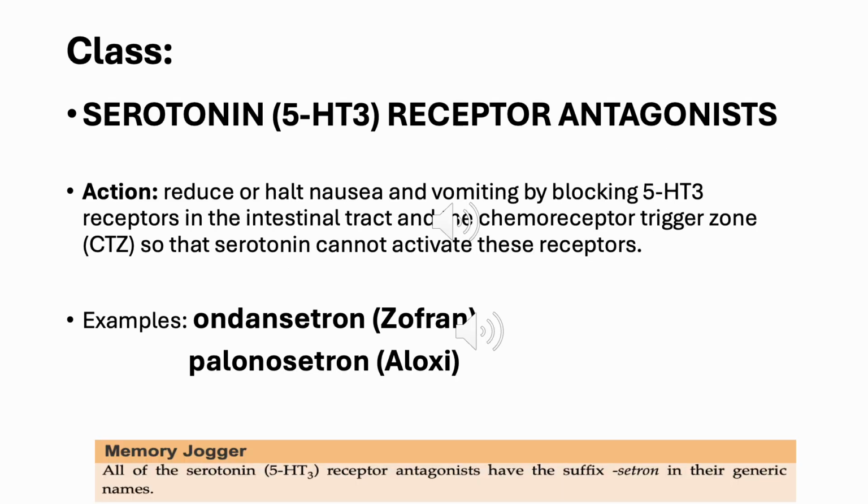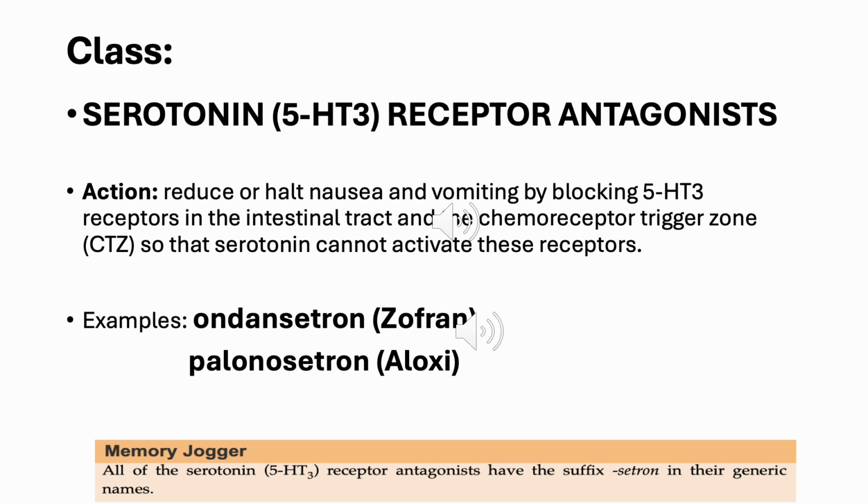A neurotransmitter is a chemical that transmits signals from one nerve to the next nerve in the pathway or in the brain. A major neurotransmitter that causes nausea and vomiting when it binds to its receptors in the CTZ or the GI system is a form of serotonin known as 5-hydroxytryptamine type 3, known as 5-HT3.